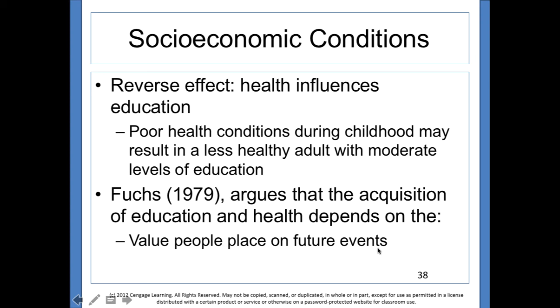What does it mean? It means that if you don't have good health, and therefore you don't expect to live long enough to have a positive rate of return for your investment in your education, you don't invest in education.